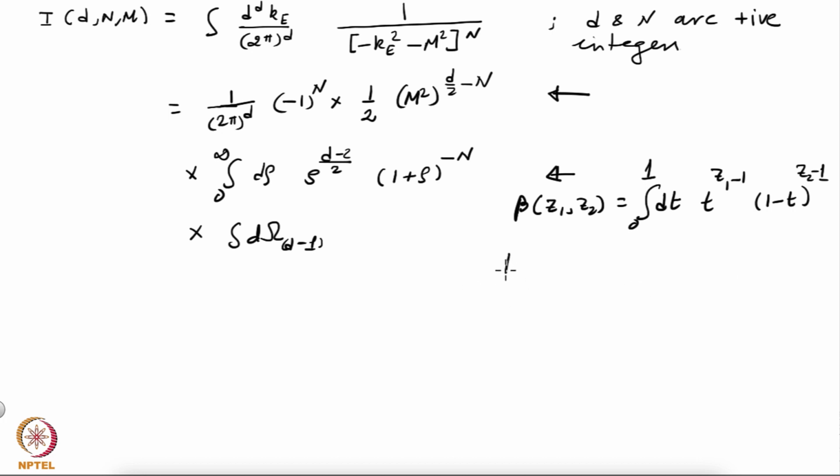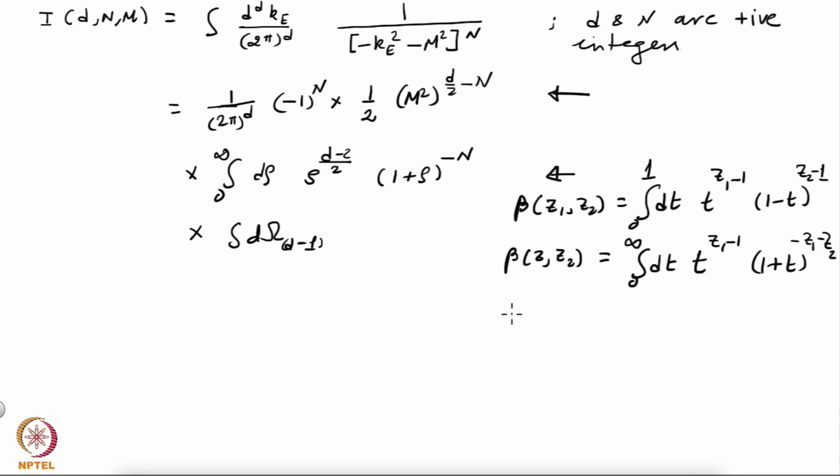There is another integral representation of the beta function, which is from 0 to infinity. Here the integral is from 0 to 1, but you can also write it as an integral where t runs from 0 to infinity, and the expression is this. And this is useful for us because our integral here in the second line is of this form.